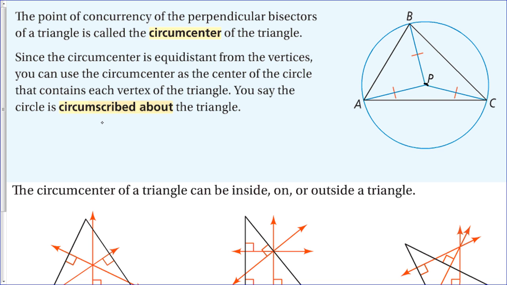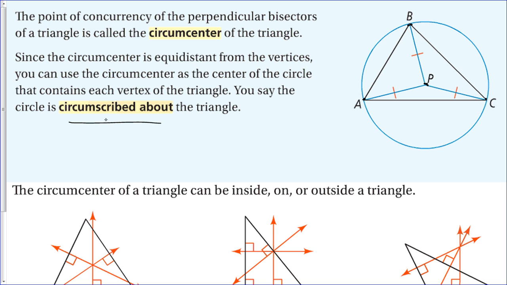Now, the next vocab word I need you to write down is circumscribed about. This circle here touches all three vertices of the triangle, A, B, and C. The center of this circle is the circumcenter of the triangle. So since the center of this circle is the circumcenter of the triangle, this circle is said to be circumscribed about the triangle.